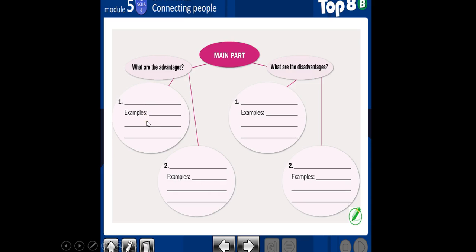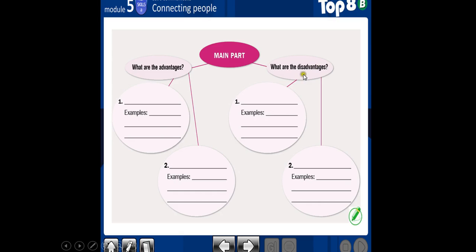For example, it's the size of a hand, you can carry it anywhere and everywhere. Number two, you can say it's practical, or it's smart, I can chat, I can use the internet using smartphones. You can write a lot of advantages, just two with examples.